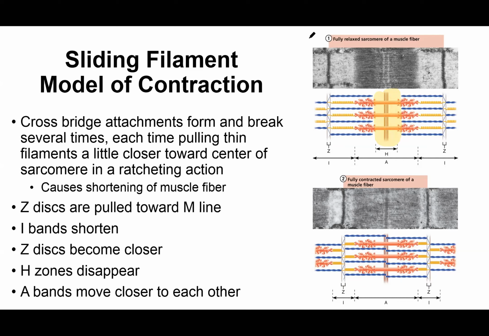As you can see from the bottom picture down here, now we have thin filaments that are penetrating that H zone, thus leading us to say that there is no more H zone. All these blue lines are now in what used to be the H zone. Thus, at this point, we no longer have an H zone.